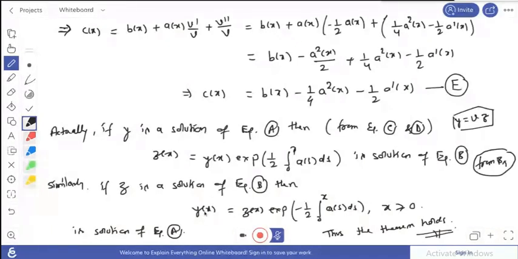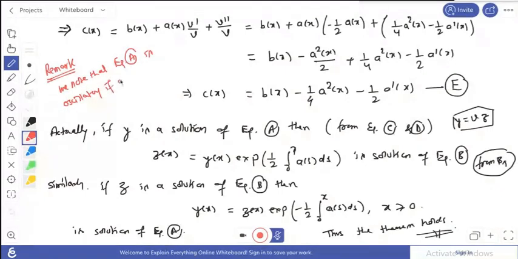This means you write down that equation A is oscillatory if and only if equation B is oscillatory. So here you can write a remark.